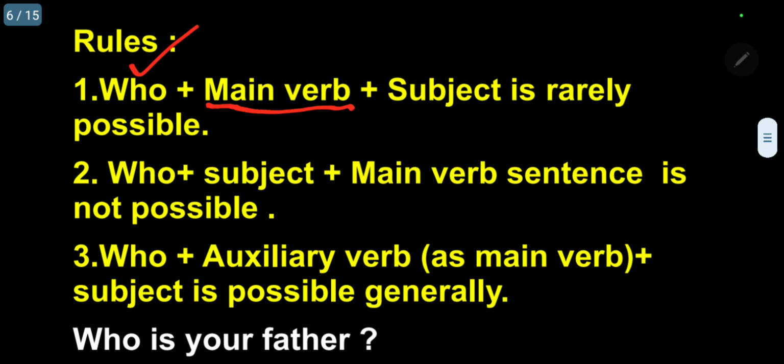Under this, when you say main and auxiliary, WHO plus main verb and then subject is rarely possible. It is not possible. For example, who, let me say it this way, who, you can add any main verb.